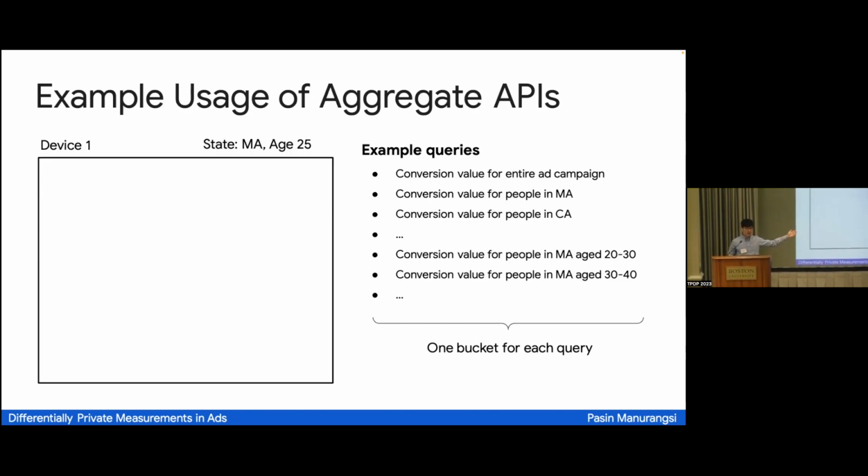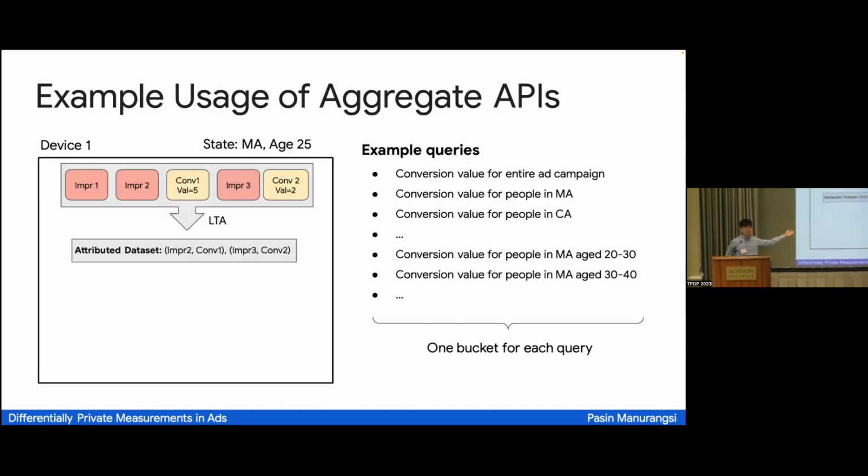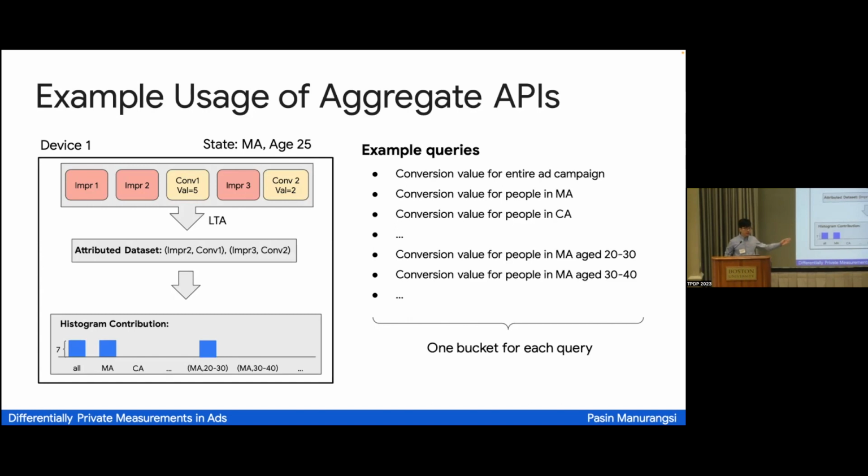So now let's say this user is from Massachusetts and is of age 25. Then you can have one bucket for the entire ad campaign, one bucket for each state, and then one bucket for each combination of state and age group.